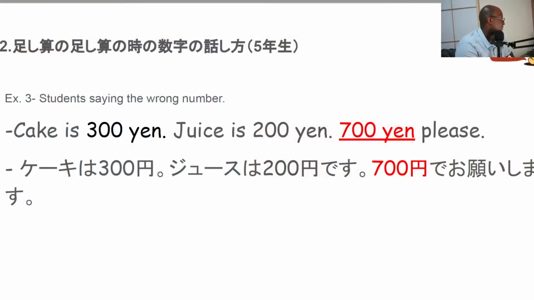Okay, in point number 2, we want to make sure our students are matching the word and the number correctly. Okay, here's the wrong number. Cake is 300 yen. Juice is 200 yen. 700 yen, please.